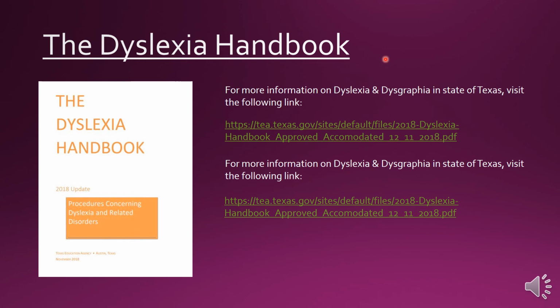So if you have questions between the two and you're considering making a referral between the two, and you're just not sure which way to go, feel free to contact me or your diagnostician. Just remember that dyslexia is really and truly more auditory with difficulties. Dysgraphia is more orthographic on the paper, where the difficulties are.